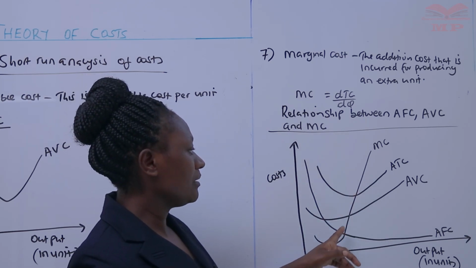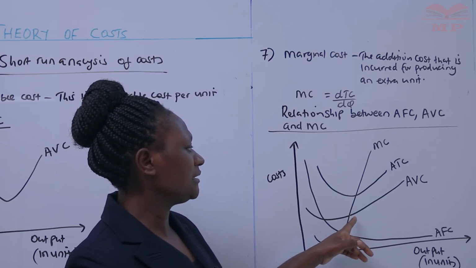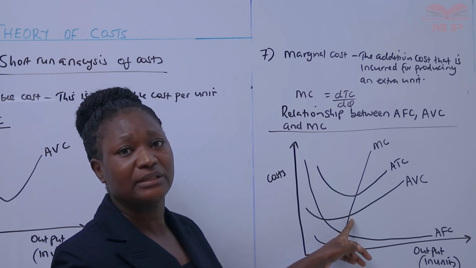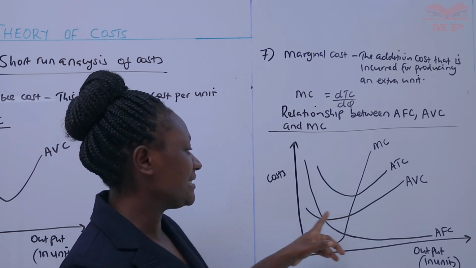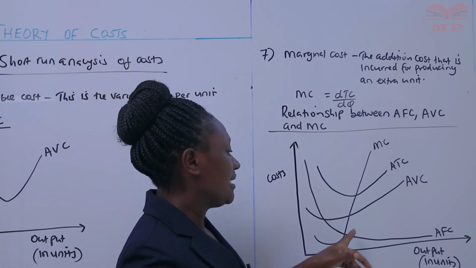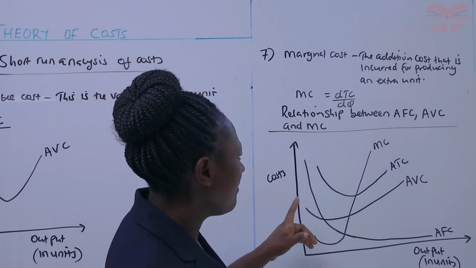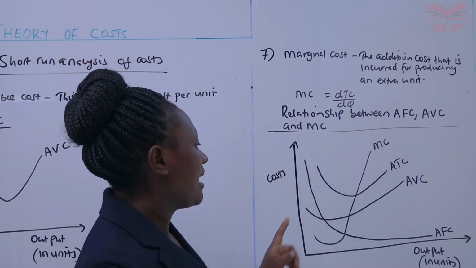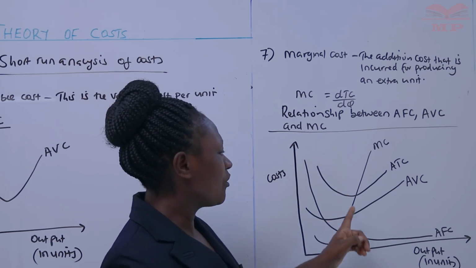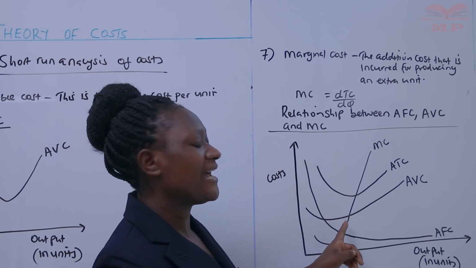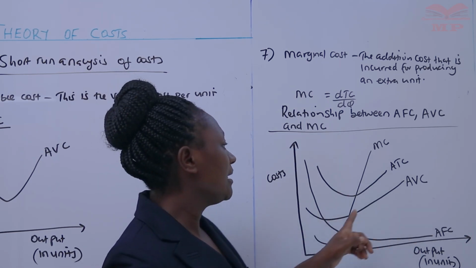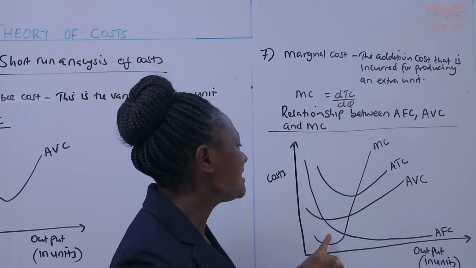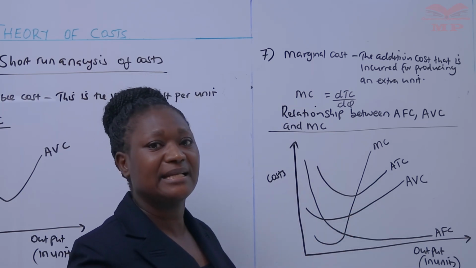So marginal cost intersects with the average variable cost at its lowest point, that is, when it is at its minimum. When marginal cost is below the average variable cost, the average variable cost must be decreasing, not increasing.